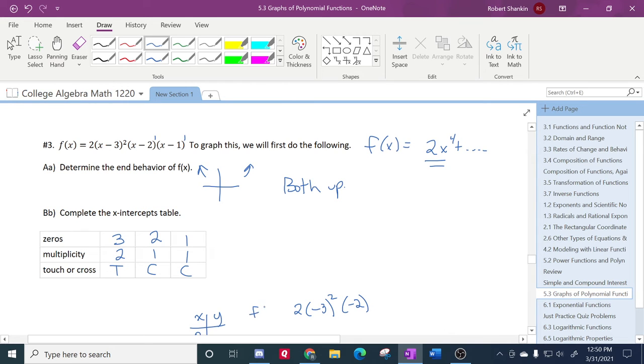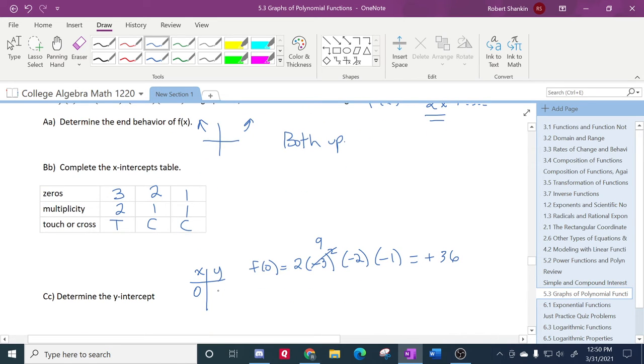So this is all f of 0, just plugging in 0 for all this. Now this turns out to be 9, because negative 3 times negative 3, and then there are 2 other negatives that make it all positive. And then 9 times 4 is 36. So the y-intercept is 36.